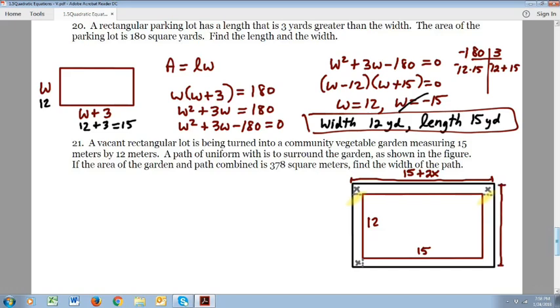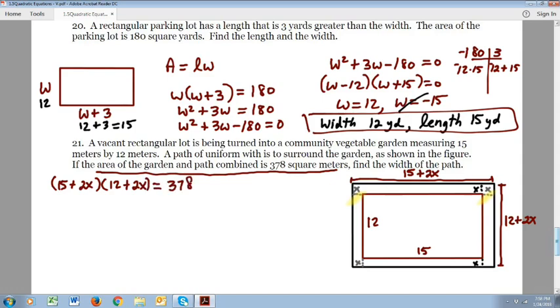Let's look at the width. It's going to be very similar. We've got 12 plus 2 x's here, and so that's the width. So we know length times width is going to be 378. So there's our length and our width, and we've got some distributing to do, we've got to FOIL that out, which is what I did there. Let's combine our like terms.